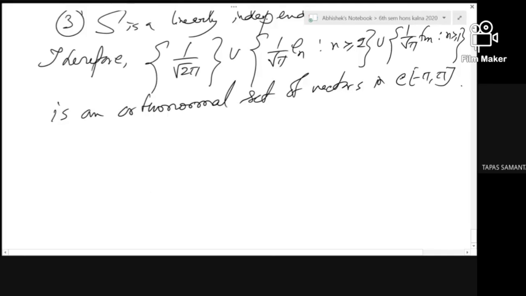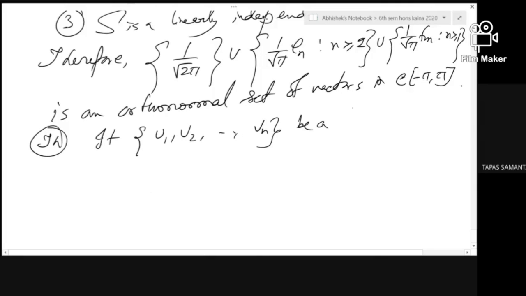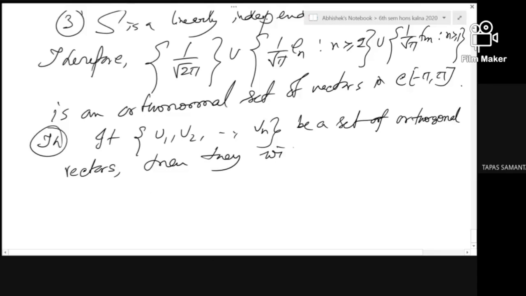I would like to stop by proving just one observation. The theorem is that if v1, v2, ..., vn is a set of orthogonal vectors, then they will be linearly independent.